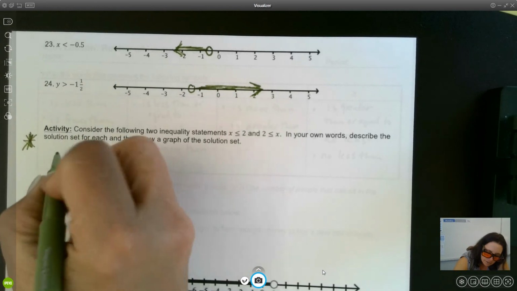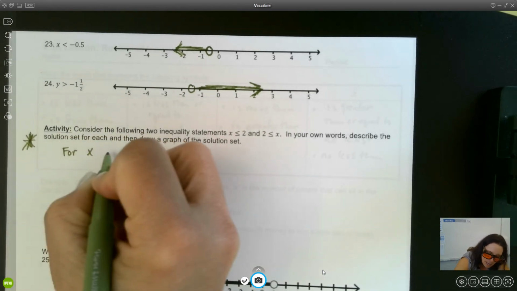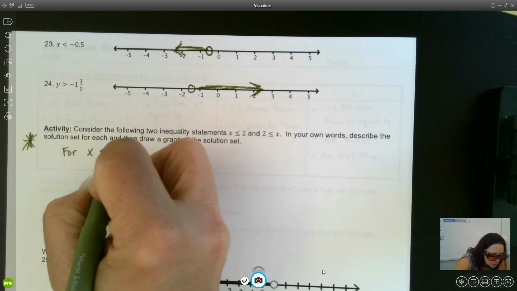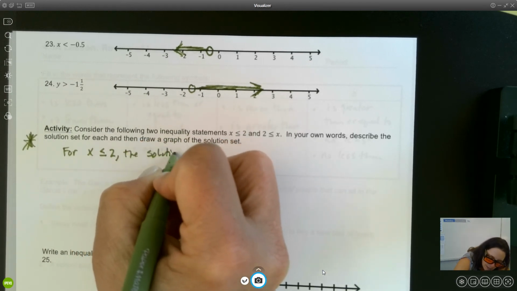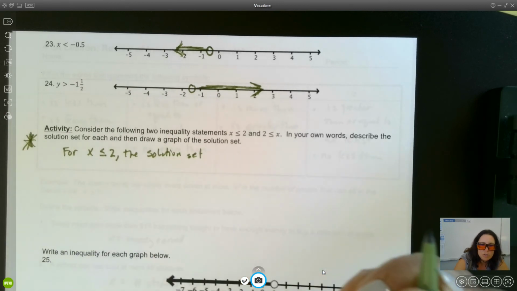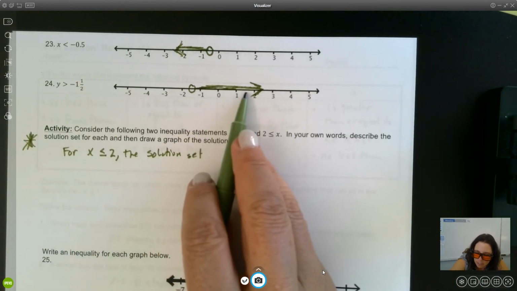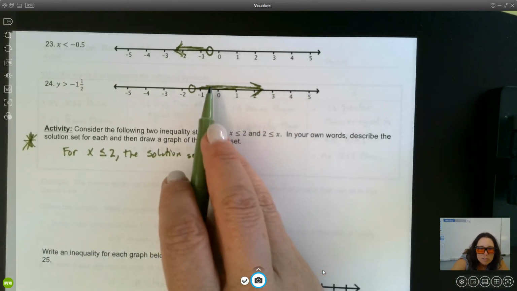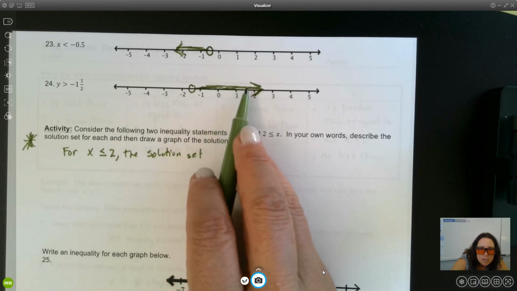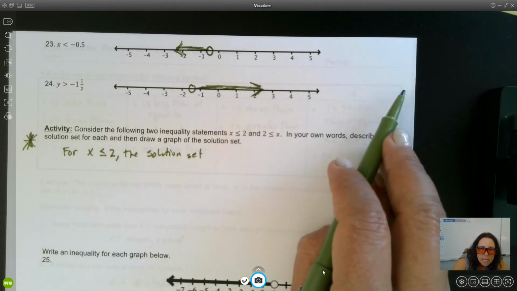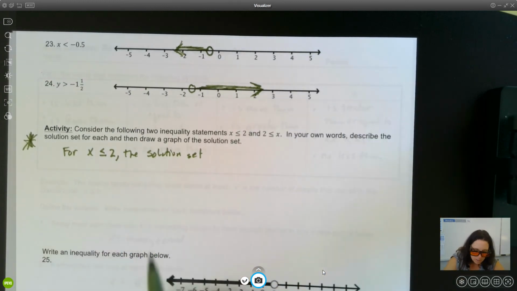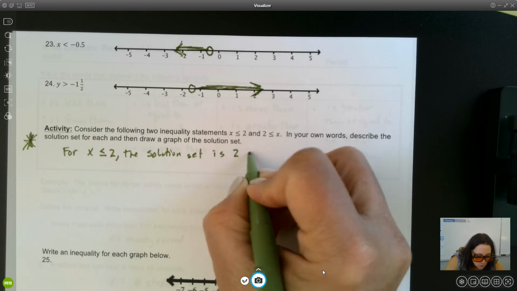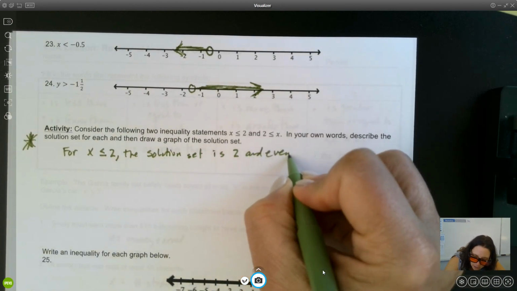All right, for x is less than or equal to 2, the solution set, remember there are lots of answers now. There are an infinite number of answers. All these little decimals in here are answers. All these numbers way down here are answers.